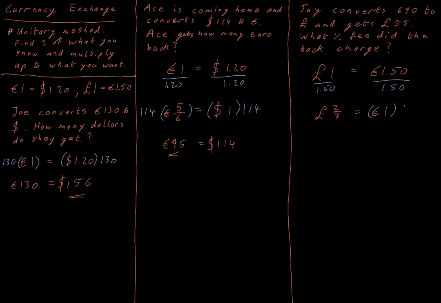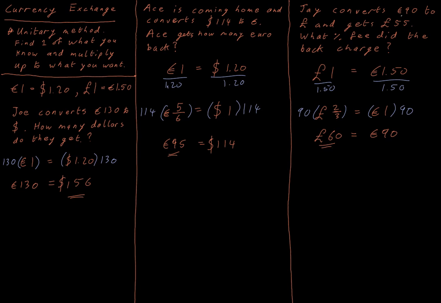So now I can go up to 90. I should mention this is not the only way to do this question, but it is the way that we will do it this time. And when we do that, we get that £60 is the same as €90. So £60 is what we ought to have received based on this exchange rate.